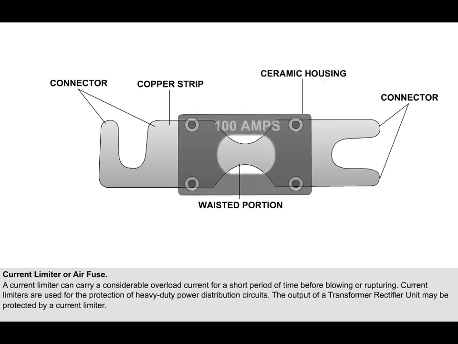The central portion is enclosed by a rectangular ceramic housing, on one side of which there is an inspection window, which, depending on the type, may be glass or mica. The wasted portion can be viewed through this window, so it can be seen when the fuse has blown.